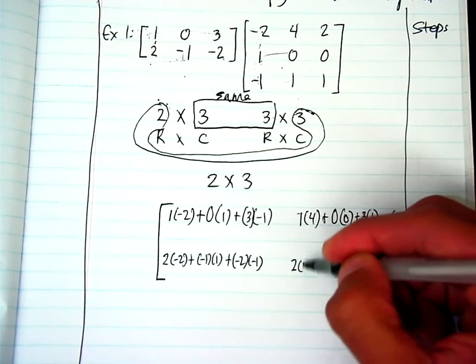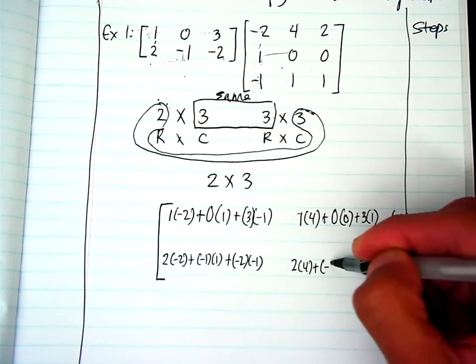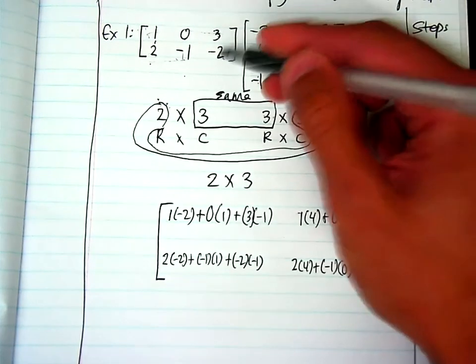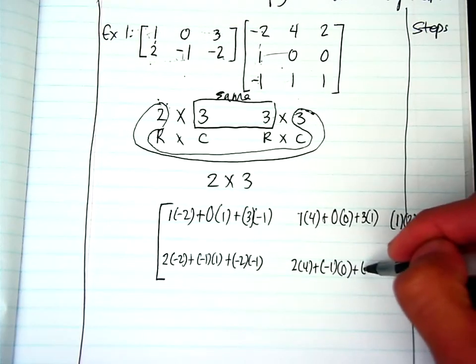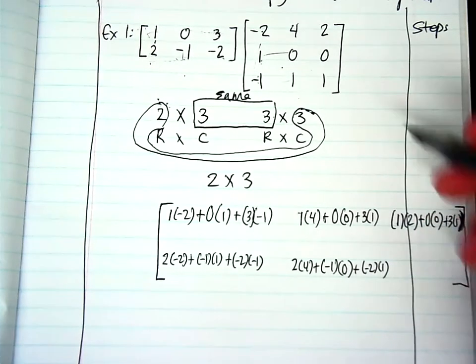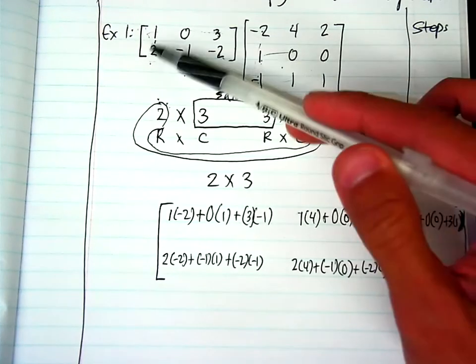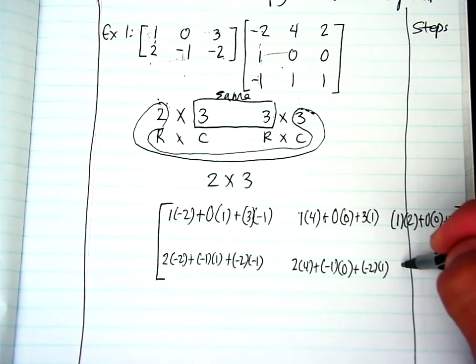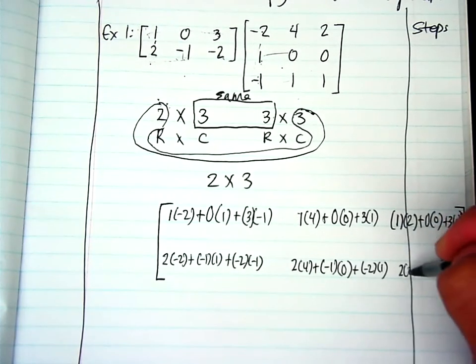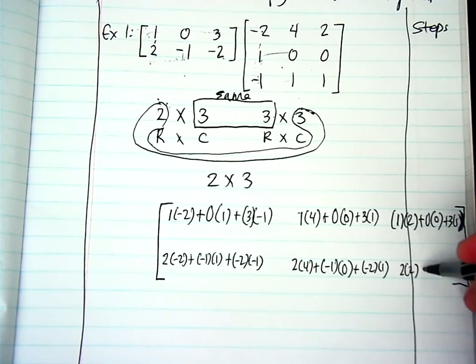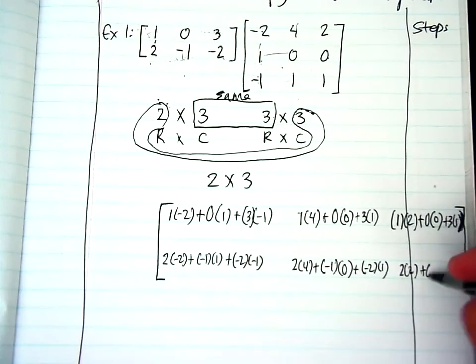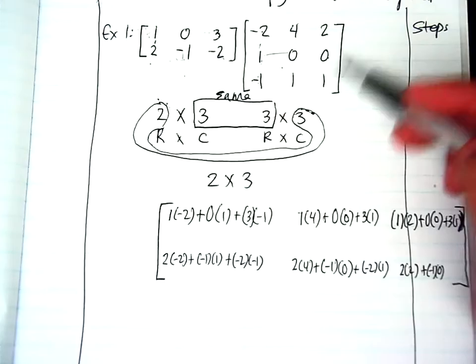So 2 times 4 plus negative 1 times 0 plus negative 2 times 1. And then the last one's going to be this row times this column, so it'll be 2 times 2 plus negative 1 times 0 plus negative 2 times 1.